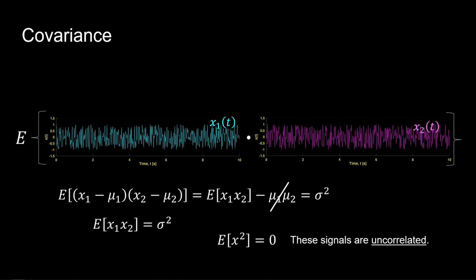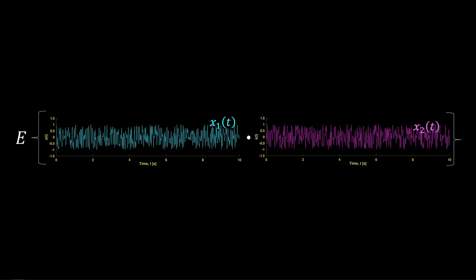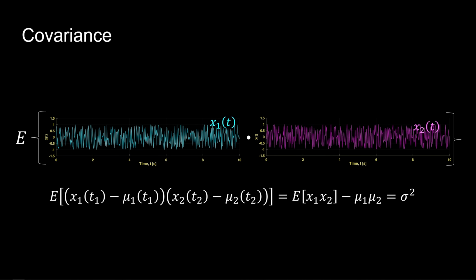We may also want to look at the covariance between 2 signals, say at different times, t1 and t2. Again, in this case, both signals are generated with the same stationary process, a uniform distribution.